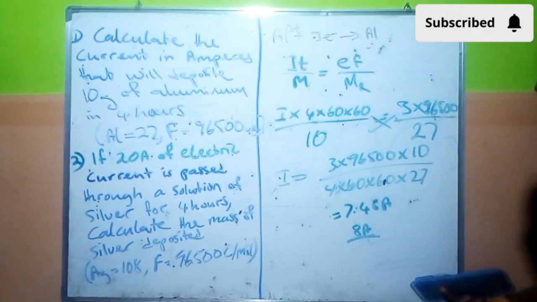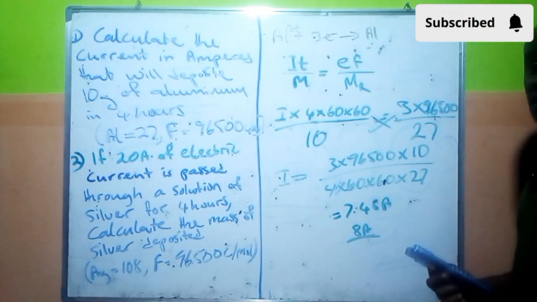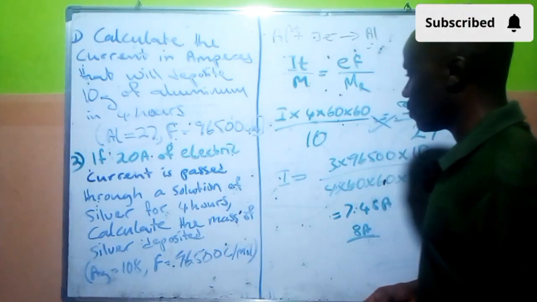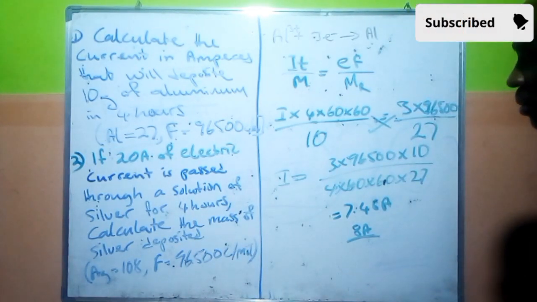That's the answer. You can see how fast this is. Unlike the other method, this is one of the ways you can solve it very fast. Let's go to the next question.